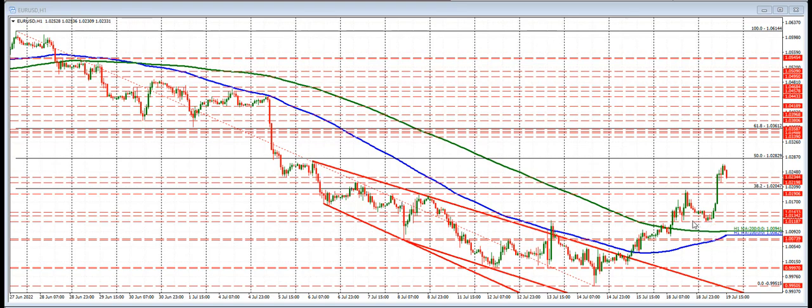We couldn't get below this swing low from yesterday's trade, and as a result the market started to go sideways here, helped along by that ECB report, which pushed the price further to the upside. Also in the Eurozone, they announced high inflation numbers, 8.6% year on year, which may have helped propel the currency to the upside as well.